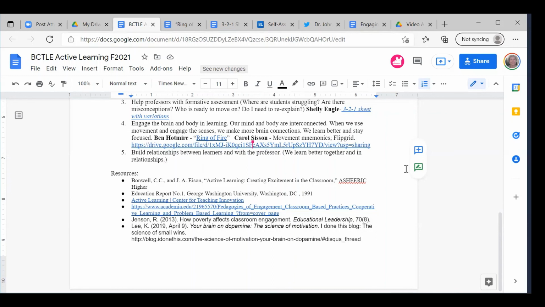Anything else? With the Ring of Fire, let me ask a little more about what kind of content it lends itself to. I can see reviewing content or open-ended things, but it seems like a pretty flexible technique.